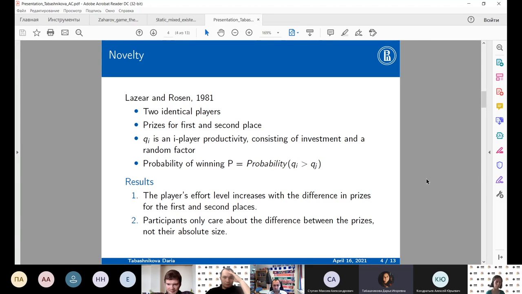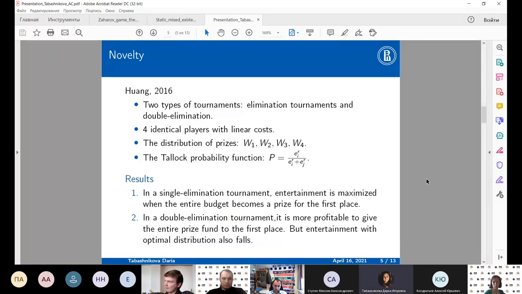The main result important from their paper is that players' total effort increases if the difference in prizes increases, and that players care not about the absolute prize, but the difference in prizes.